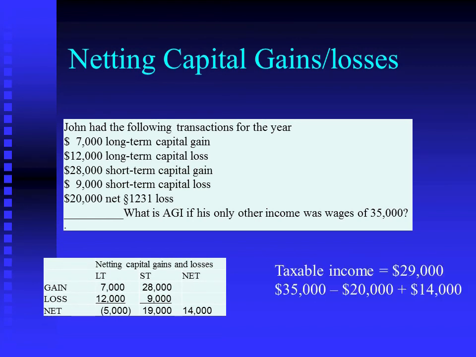So our final answer, please, is going to be the $35,000 minus the 20 plus our net capital gain of $14,000. Note that is a short-term net capital gain, and so we would not get any preferential tax rates despite the fact that we are an individual, because net short-term capital gains are taxed as ordinary income.